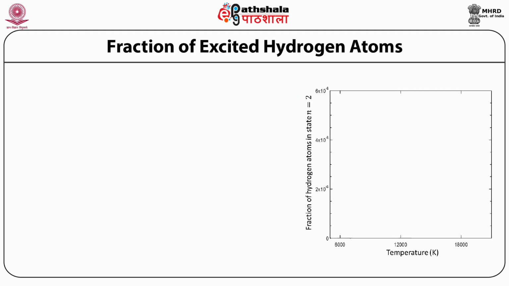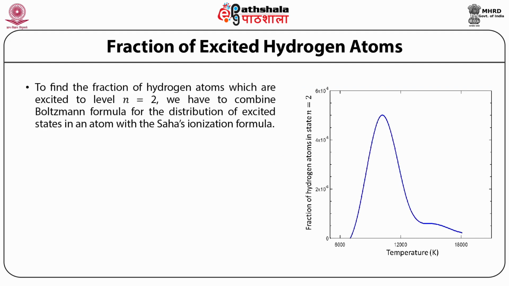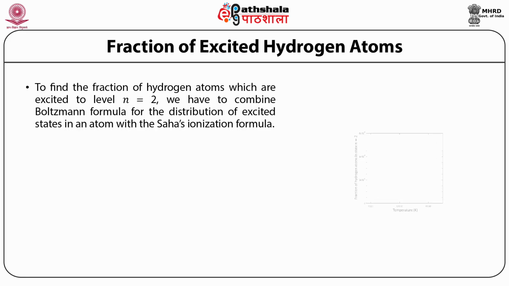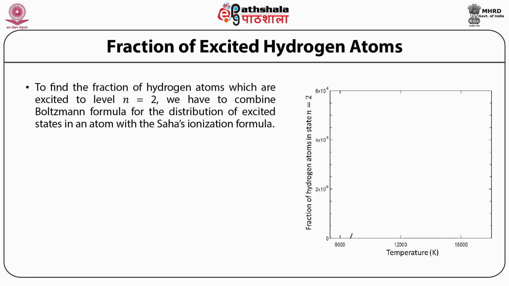Fraction of excited hydrogen atoms. To find the fraction of hydrogen atoms which are excited to level n equal to 2, we have to combine the Boltzmann formula for the distribution of excited states in an atom with Saha's ionization formula.